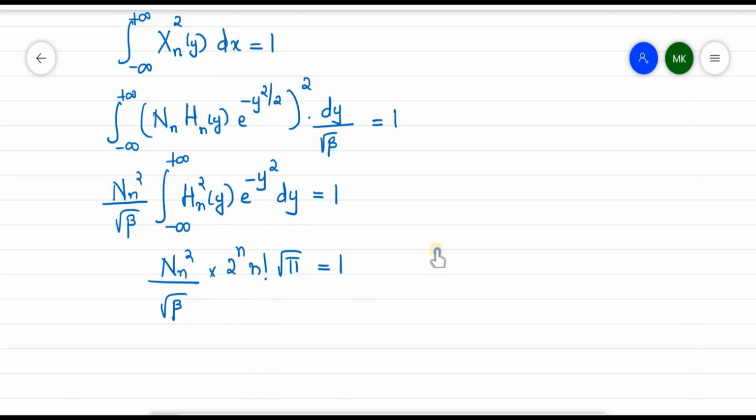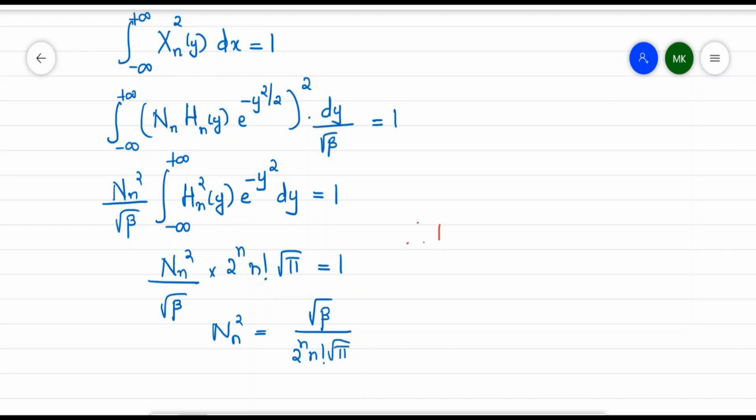So this is equal to 1. From this we can find the value of the normalization constant. That is N square equals root beta by 2 raised to n into n factorial into root pi.